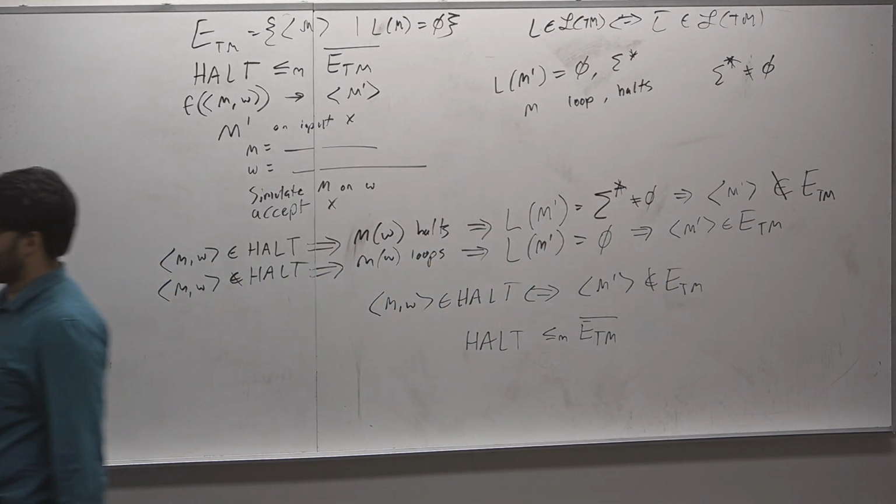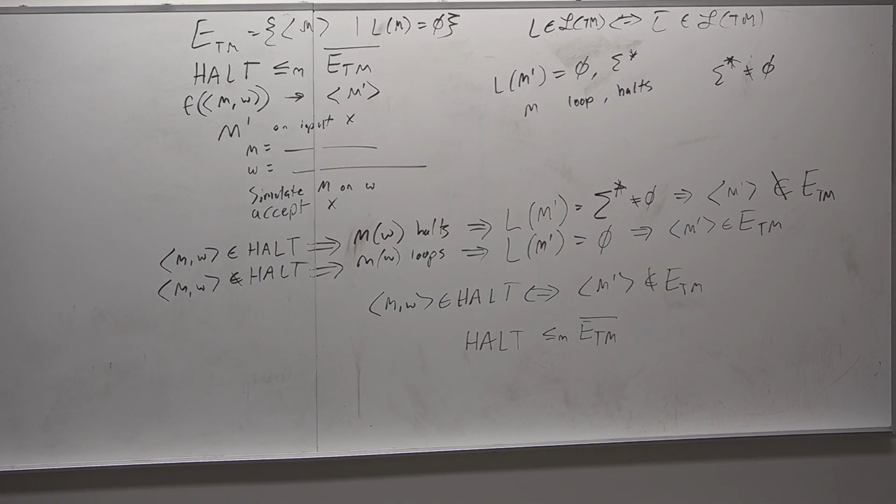Yes? ETM and ATM themselves are Turing machines, but they're Turing machines that also simulate another Turing machine. ETM and ATM are problems in the sense that they are just sets of strings, and the problem instances happen to be descriptions of other things. In the same way that we prove, for example, A to the n, B to the n is not regular, we're proving there is no Turing machine for a problem.